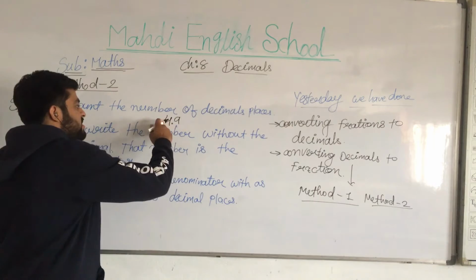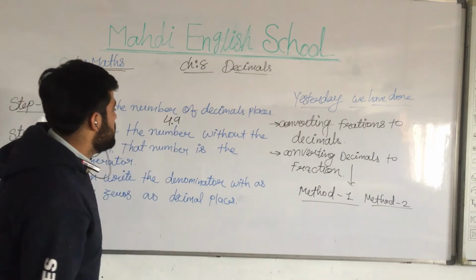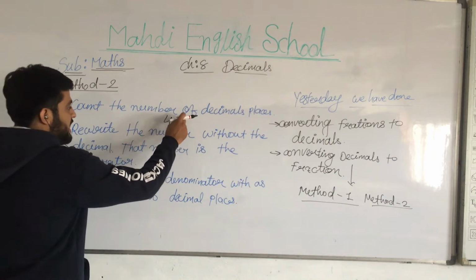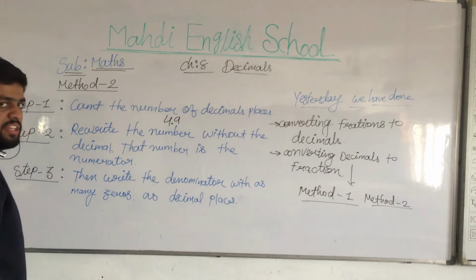This side is before and this side is after. So in 4.9, here is 1 digit and here is also 1 digit. Got my points, my dear students?